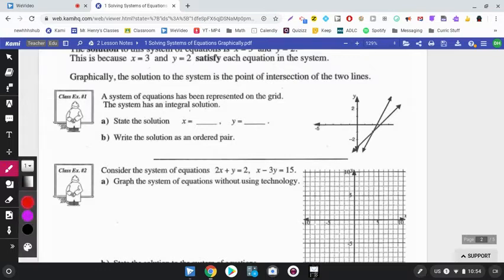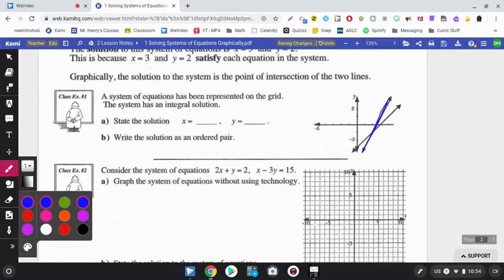I have two lines. I'll color one blue and this one purple. I need a point that works for both equations. Let's say I pick this point up here. That's on the blue line. It satisfies the blue equation, but it's not on the purple line. Maybe I pick one from the purple line down here.